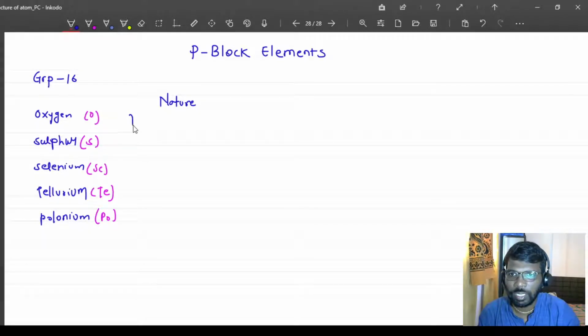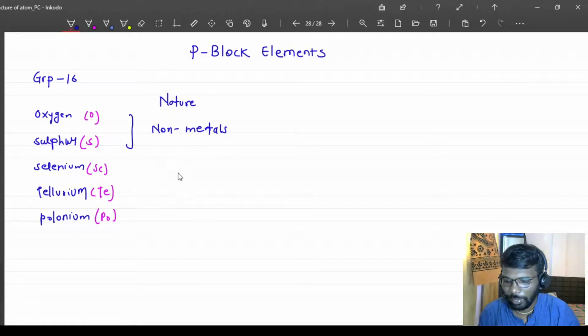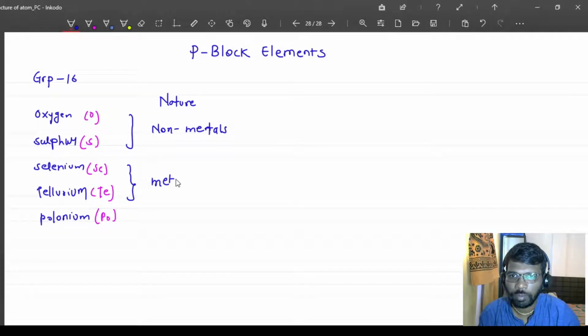The oxygen and sulfur are non-metals. Then selenium and tellurium are metalloids. And this is a poor metal. Okay, radioactive. This is a kind of radioactive element.